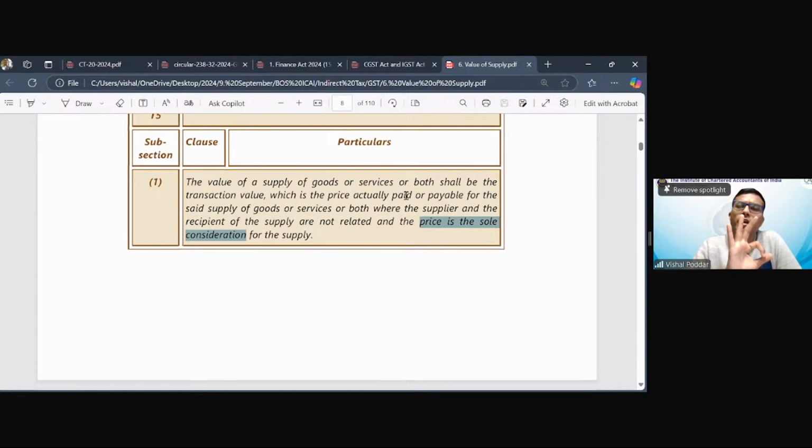So these are the three conditions which, if satisfied, subsection 1 is applicable, which simply means whatever price you are stating in your agreement, in your PO, or in your invoice, that is the price which we are accepting. That is what is your transaction value.